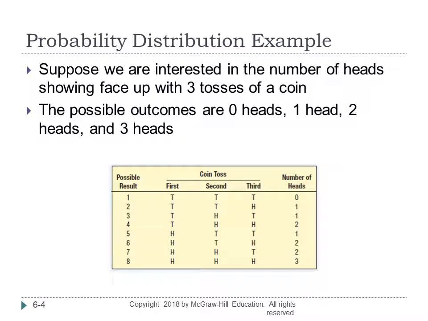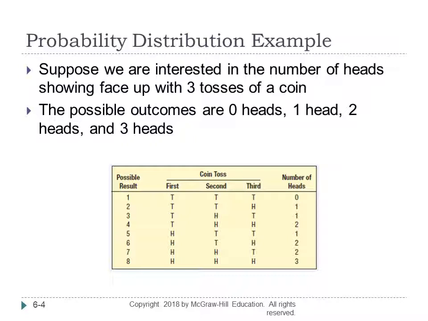Here is an example of a probability distribution, and it will be a discrete probability distribution. Suppose we are interested in the number of heads shown face up with 3 tosses of the coin. The possible outcomes are either you get 0 heads, or 1 head, 2 heads, or 3 heads. How many possible outcomes when you toss 3 coins?